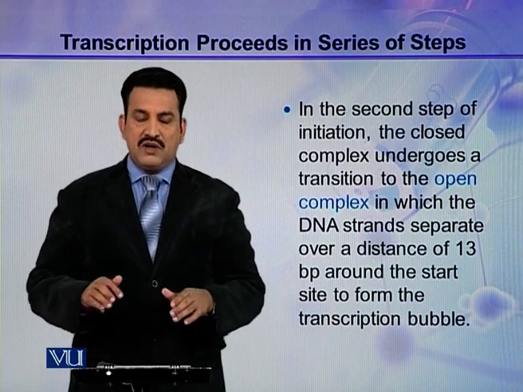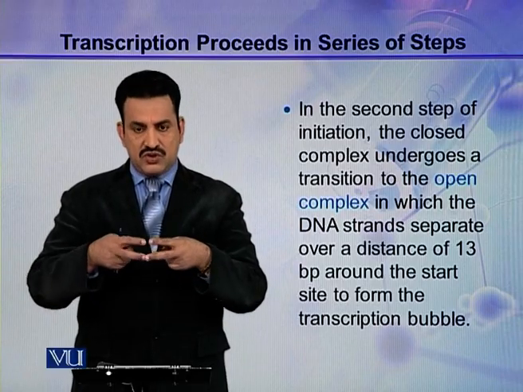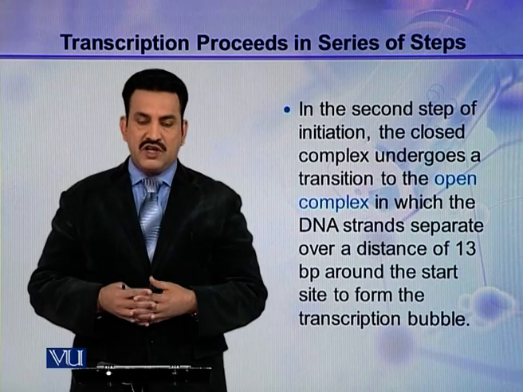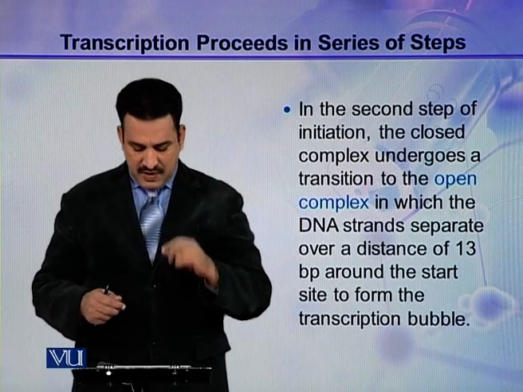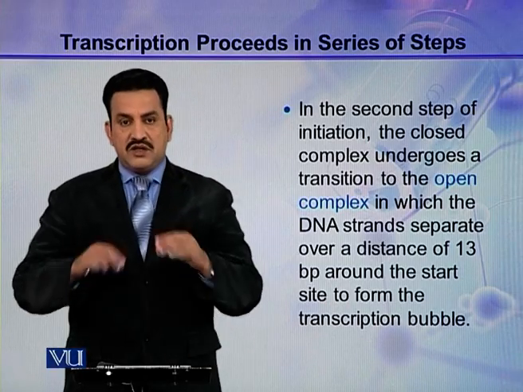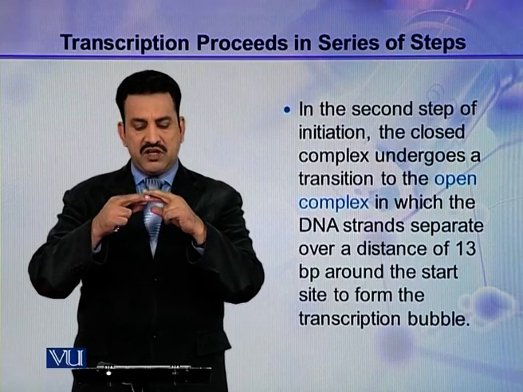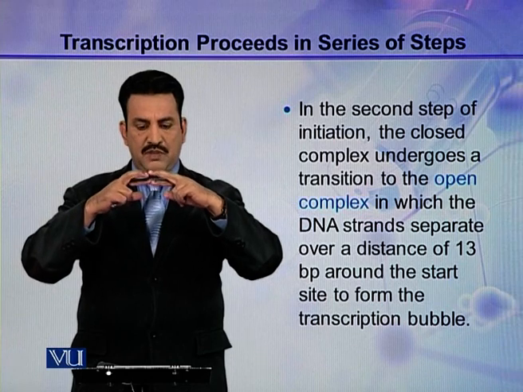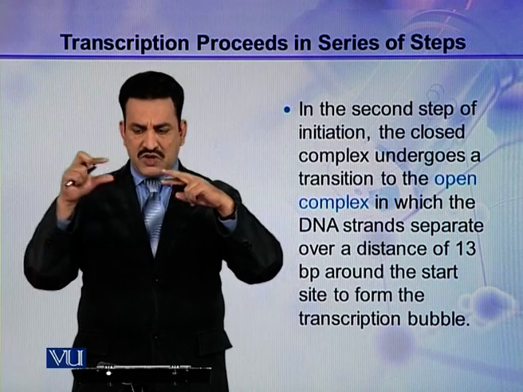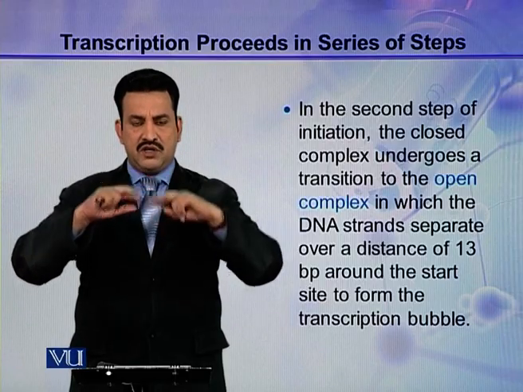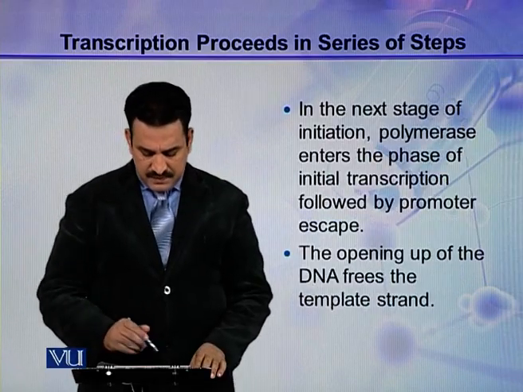Because the DNA is opened up in this step, it is called the open complex. In this step, the DNA double strand opens. About 13 base pair long stretch will open up and form a transcription bubble.